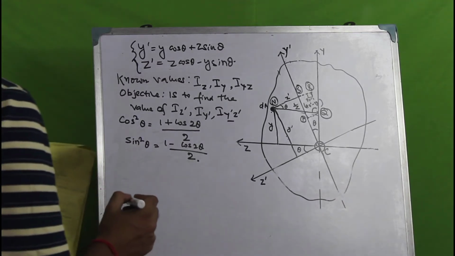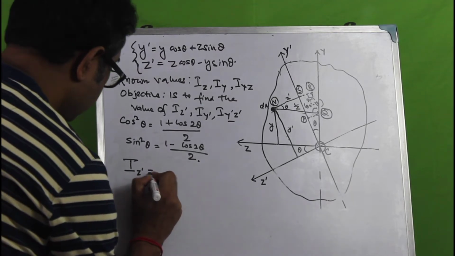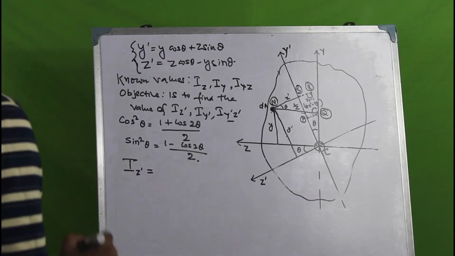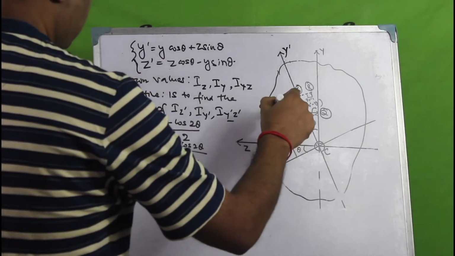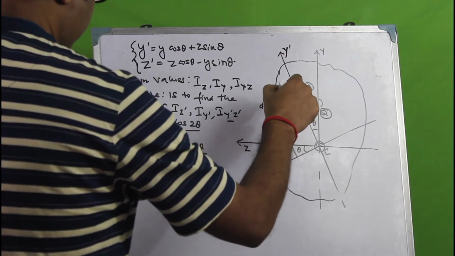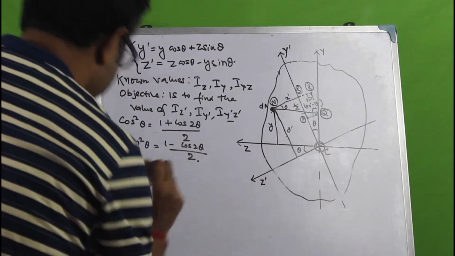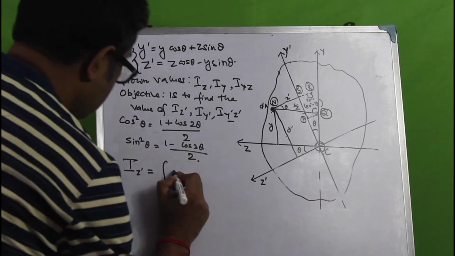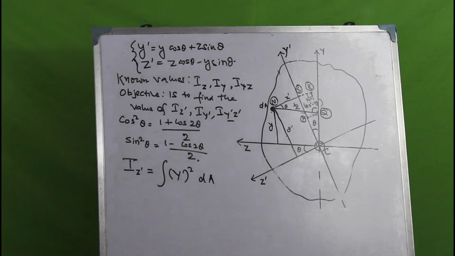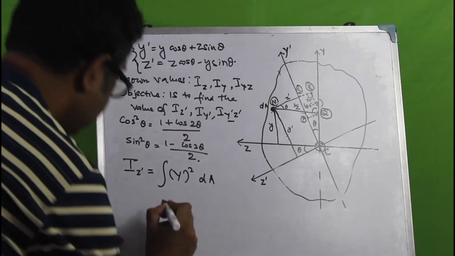Now we want to calculate the value of IZ dash. Remember what our formula would be? For IZ dash, the distance of this infinitesimal area dA from Z dash axis is Y dash. So IZ dash would be nothing but the integral of Y dash squared dA. And what is Y dash? Y dash is nothing but Y cos theta plus Z sin theta.